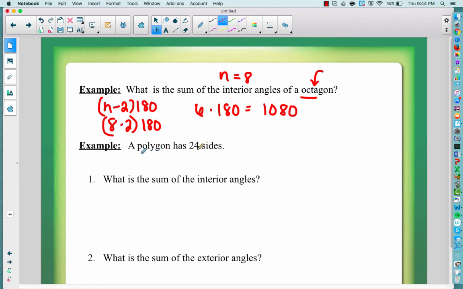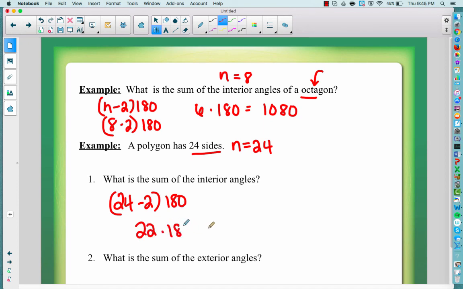Okay, here's another example. A polygon has 24 sides. What is the sum of the interior angles? Okay, so n is 24. So we do 24 minus 2 times 180. So 22 times 180.